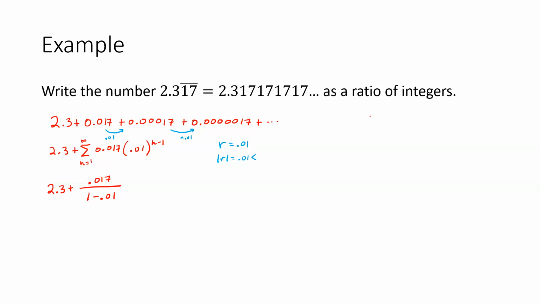Now to express it as a ratio of integers, we just have to do a little bit of arithmetic to simplify this. So this would be 0.017 over 0.99. Then I can move the decimals over, so this would be 17 over 990.